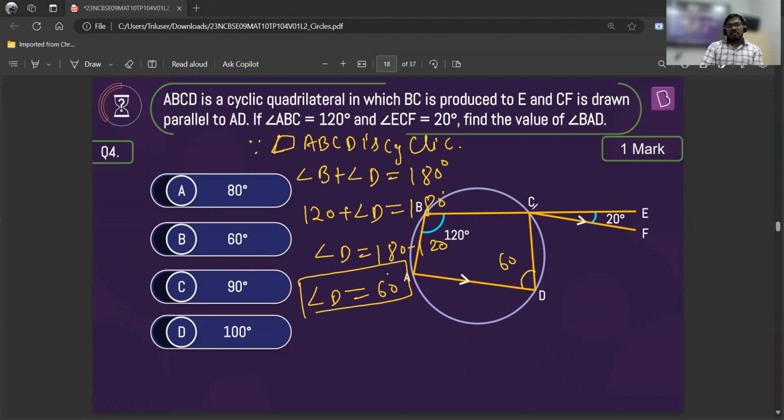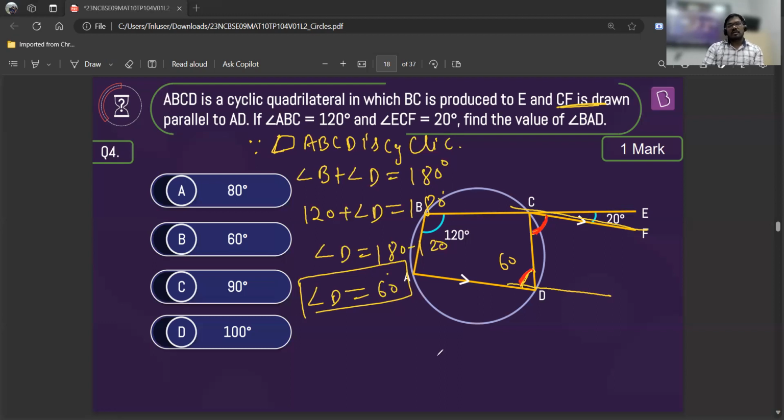Now we are also given that CF is parallel to AD. That means this line is parallel to this line, so this angle and this angle, I'm talking about this angle and this angle, are both equal. Why are they equal?